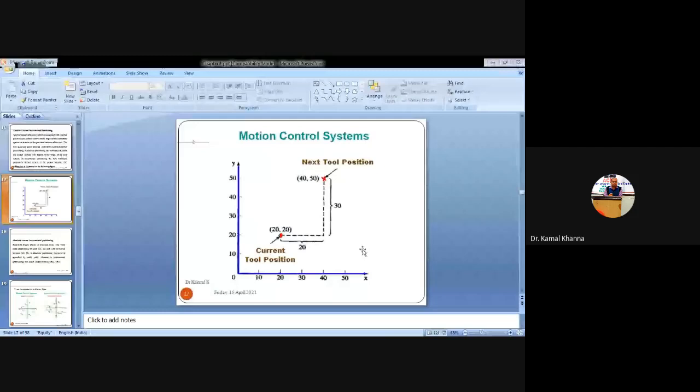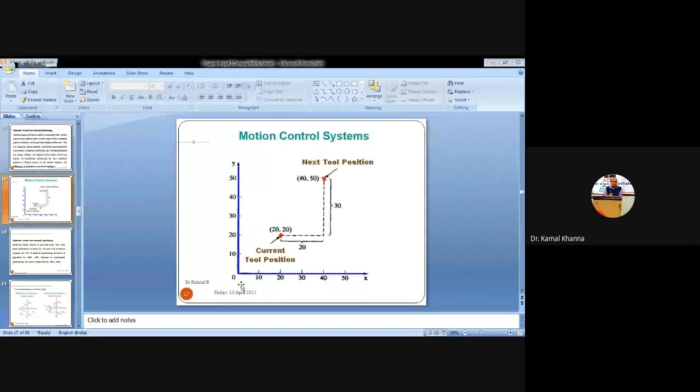Whenever you define the position of points A and B with respect to this origin 0, where the origin is fixed, then it is called an absolute coordinate system.